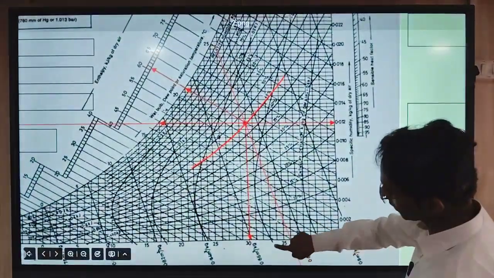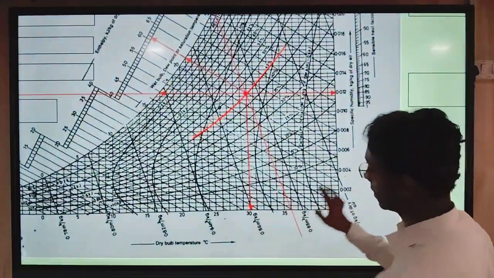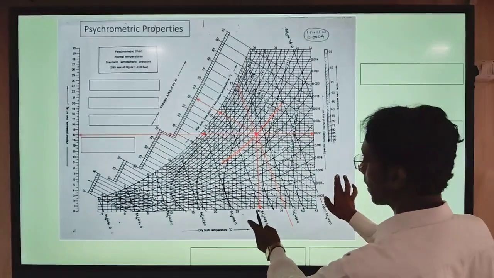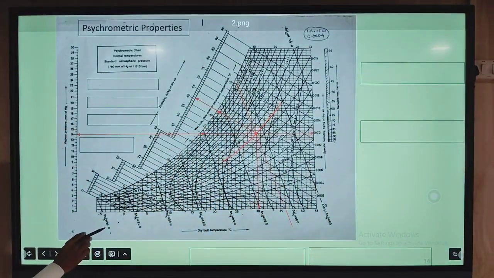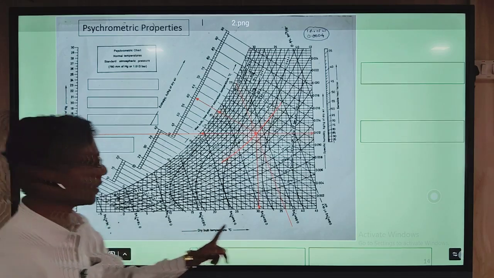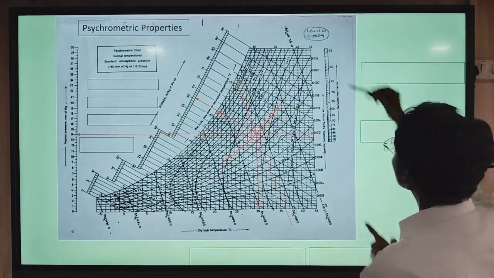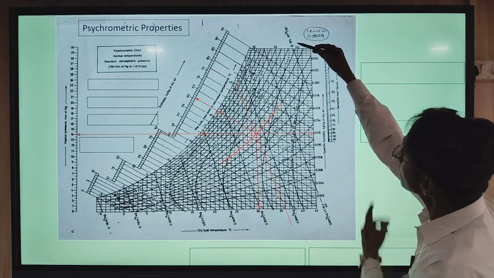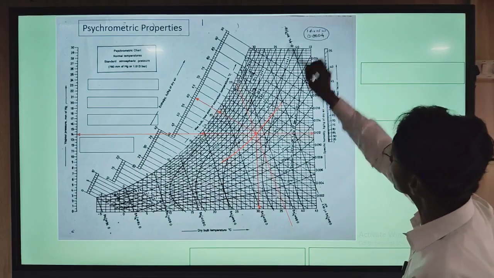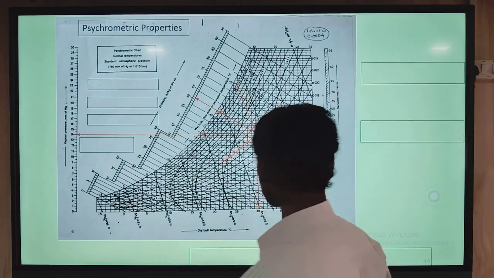Here you can see the unit, meter cube per kg. Specific volume lines start from the left side at about 0.76 meter cube per kg, up to the maximum specific volume range of 0.92 meter cube per kg on the upper side.